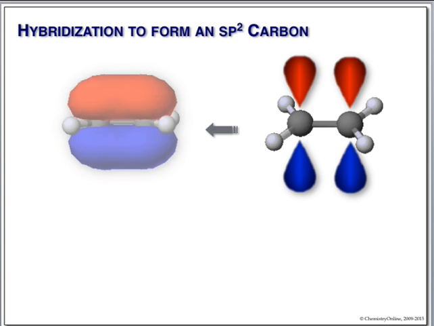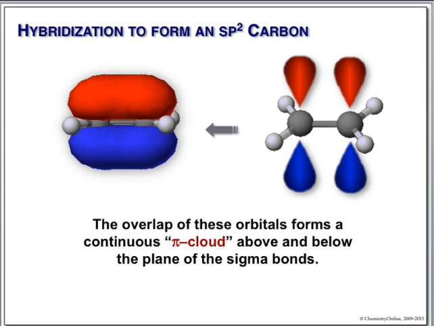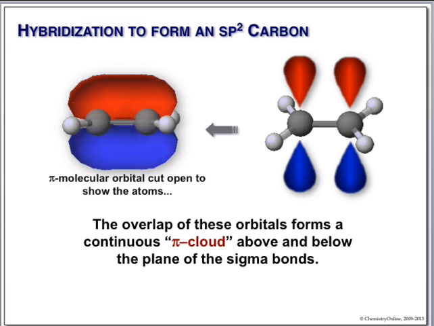What we wind up with is something like this. Looks like a hot dog of some sort. This is our hybridized orbital, where we combine our p's together. If we cut this open a little bit, you can see there's ethene hiding inside. Again, p orbitals above and below.